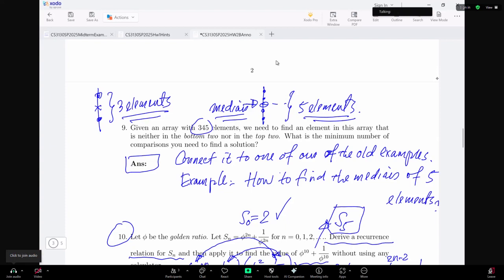It's in Module 4, part B, binary search and the selection problem. At the end of that lecture, the last example I did was to find the median of 5. I did it in that annotation, so you can find how to find the median of 5 there.